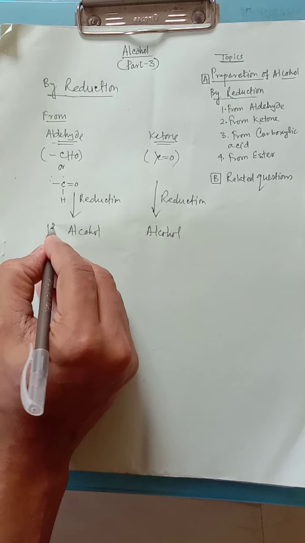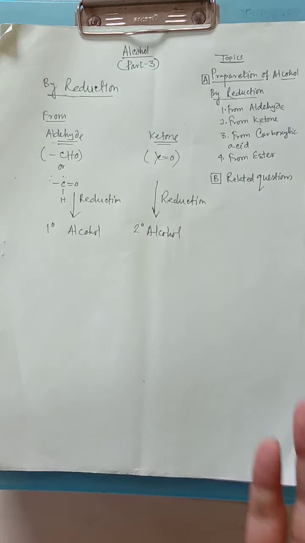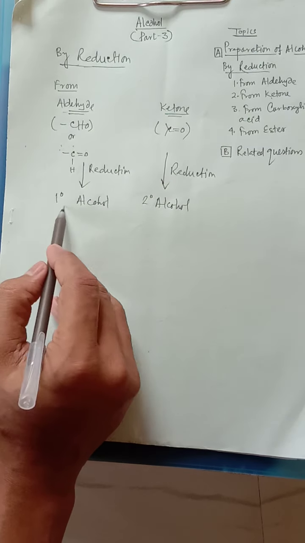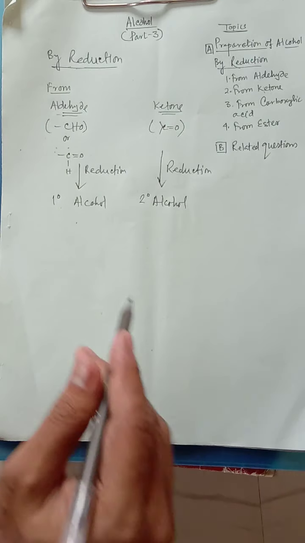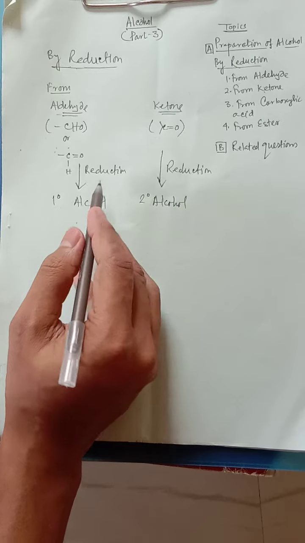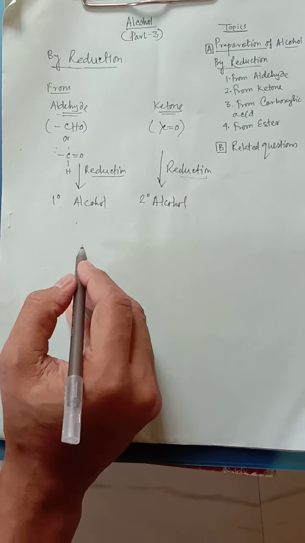Mind that here we will get 1 degree alcohol, here we will get 2 degree alcohol. So this is the difference, we have to remember that. From aldehyde we will get 1 degree alcohol, whereas from ketone we will get 2 degree alcohol.